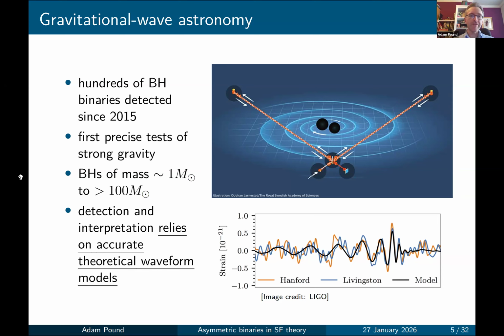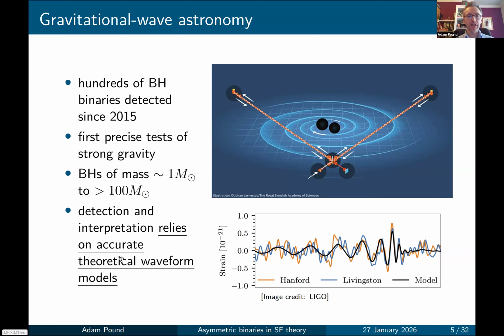We know there are a lot more heavy black holes than we might have thought before. We've seen black holes of over 100 solar masses, and it was fairly recently that people were skeptical of whether such black holes even existed, except for very massive black holes that I'll get back to in a second. We've also performed the first very precise tests of strong field gravity. These have been really the first detections of black hole binaries. So we've learned a whole lot.